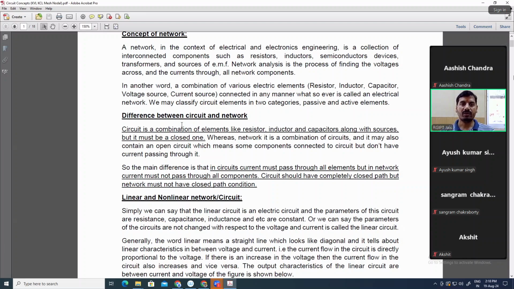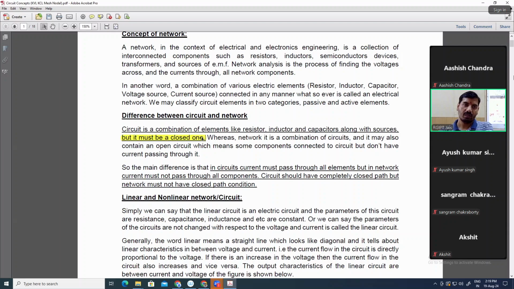The difference between circuit and network is the second part. We have seen that a circuit is a combination of elements like resistor, inductor, capacitor along with sources, but it must be a closed one. There must be a closed path among the circuit elements and sources.